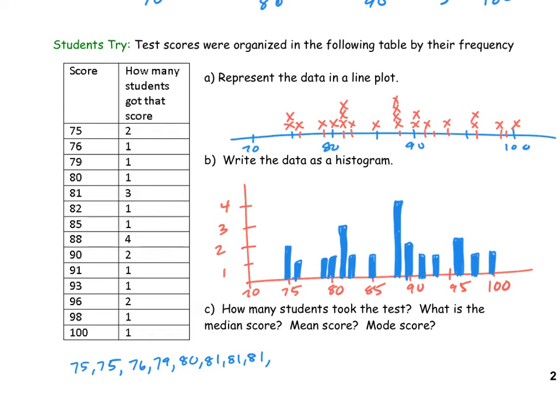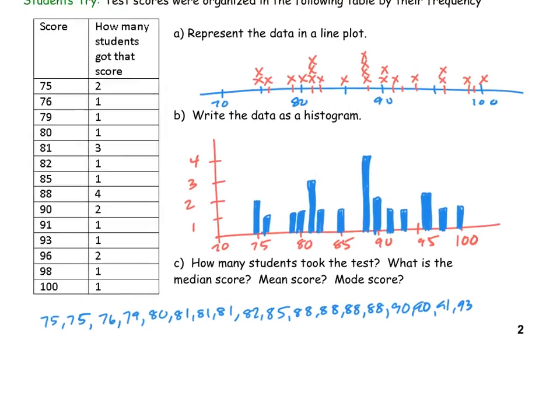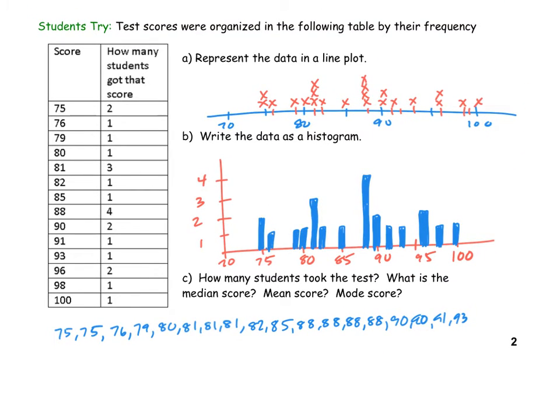So I'm going to do 82 happens once, and then 85, and then 88 happens 4 times. And I got 90 happening twice. I got 91, 93. 96 happens twice, and then 98 and 100.